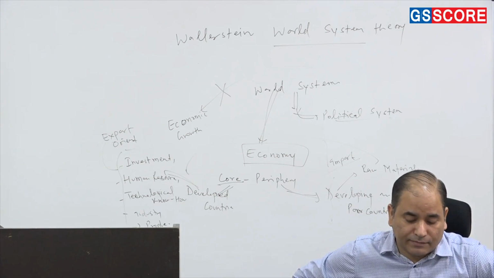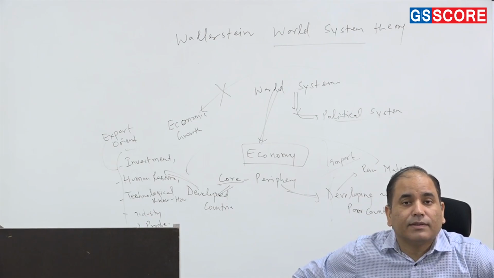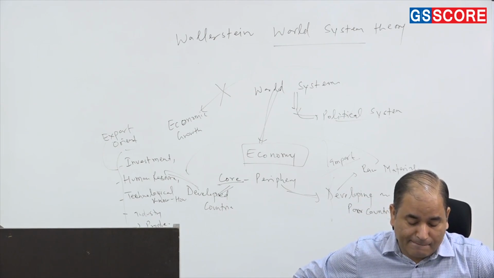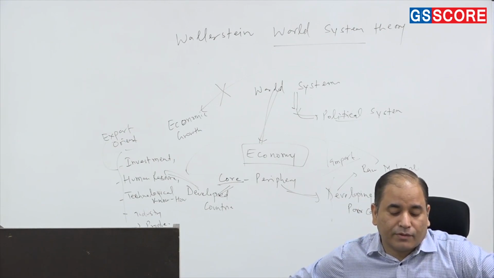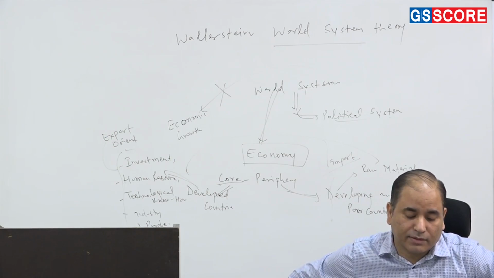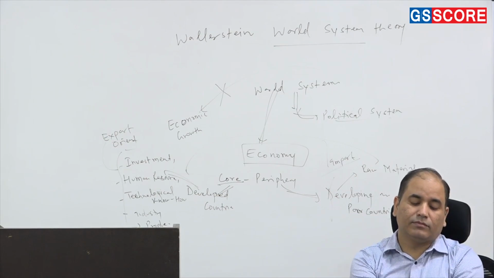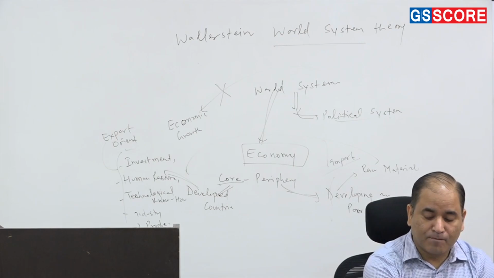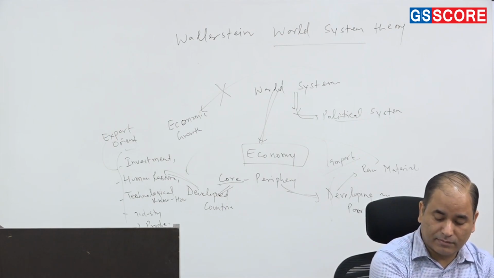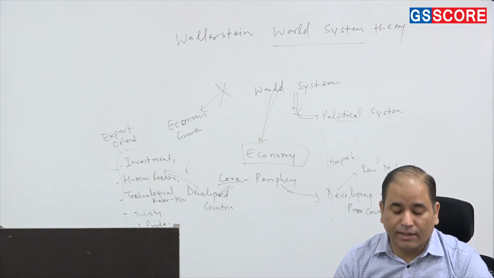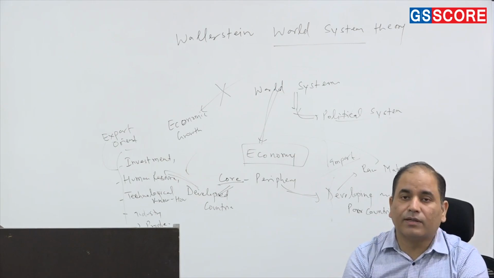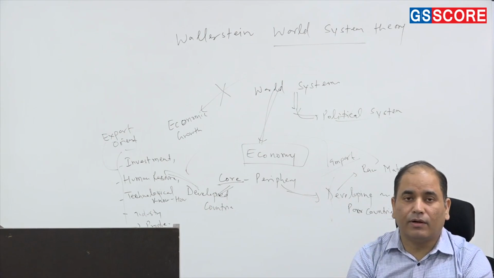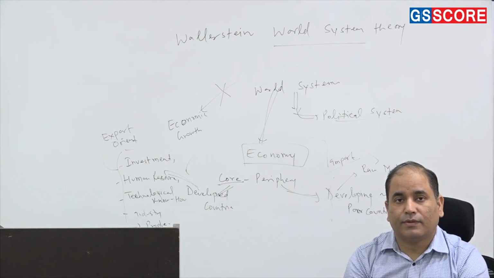Primarily this theory, this concept, was propagated in the 70s to counter the modernization theory of development and to blame the political system for the inability of the developing countries to catch up to the level of development of developed countries.